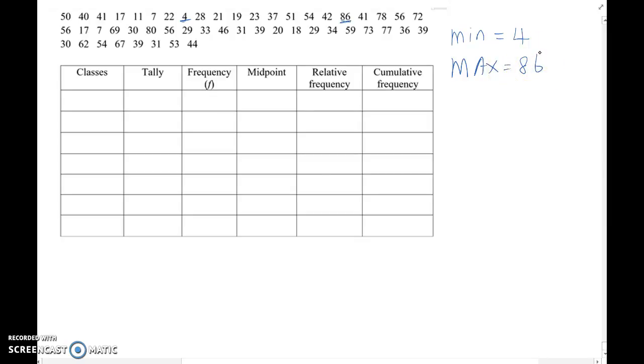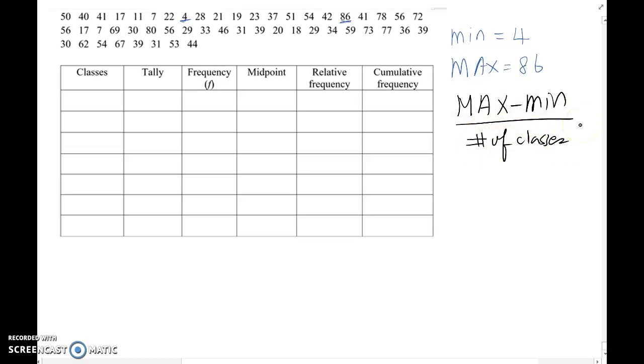So now we need to create a 7 class frequency distribution table. So you need to find out the class range. This is how you find the class range: maximum minus minimum over number of classes.